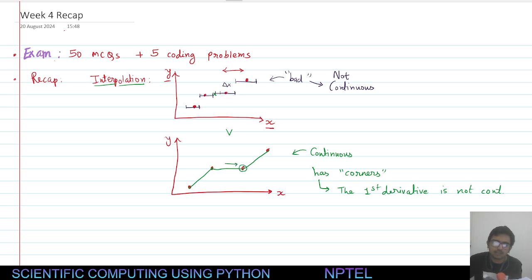On the left, the derivative f dash is 0. Here, it's some positive value, f dash x greater than 0, let's say it's equal to 1. No matter how much you zoom in, it's always going to be like this. So it's not continuous.